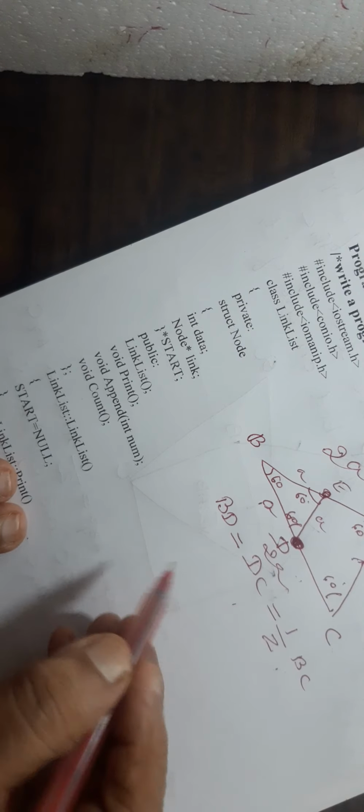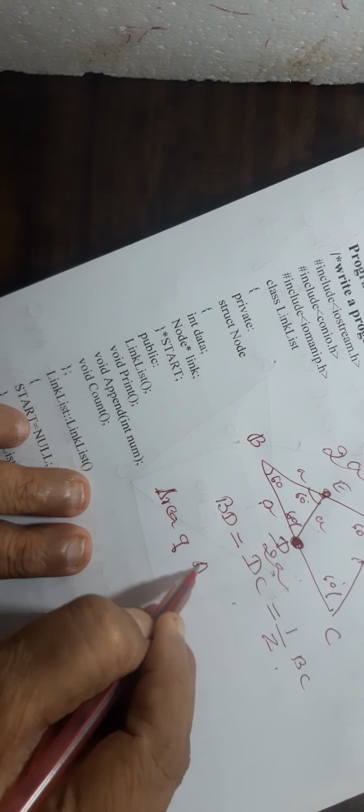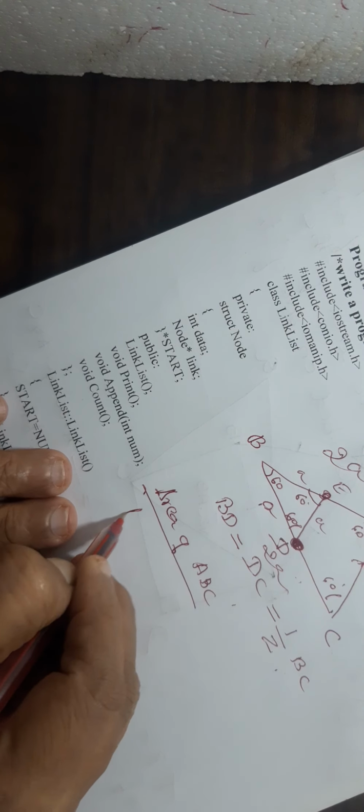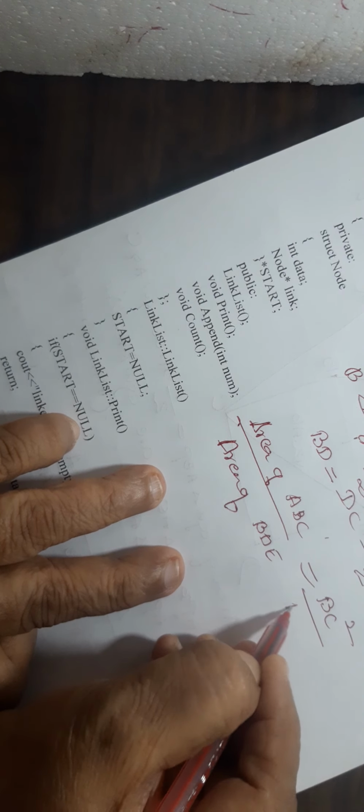He has done it in that manner, it doesn't matter. Now area of triangle ABC divided by area of triangle BDE, I hope you are seeing, is equal to BC squared by BD squared.